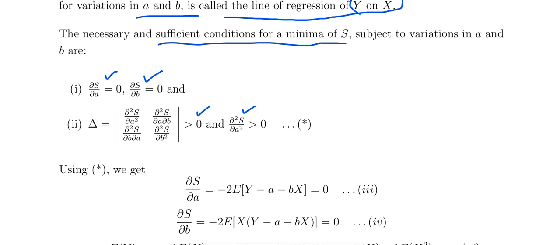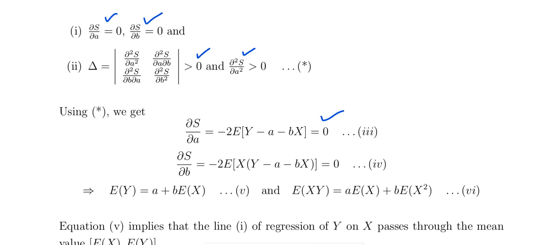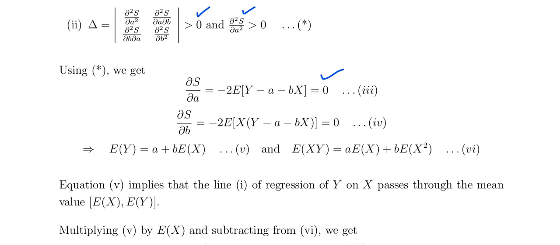When you differentiate with respect to a, dou S by dou a is minus 2 times E of (y minus a minus bx) equal to 0. The same way, differentiating with respect to b, since bx is there, we get minus 2 times the expectation of x into (y minus a minus bx) equal to 0.